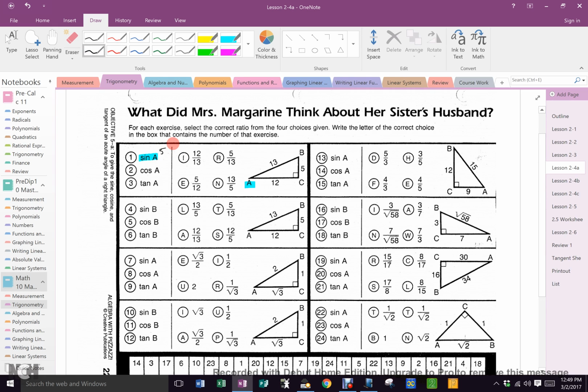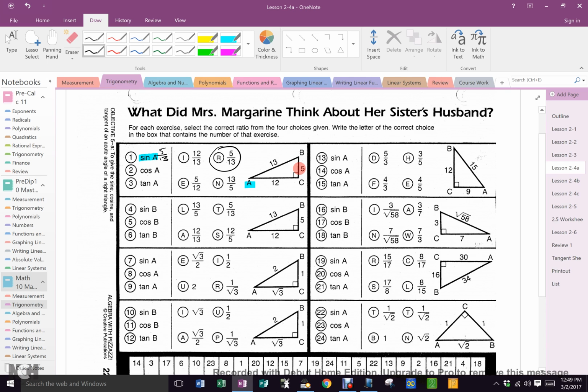What is the hypotenuse? 13. So sine A is 5/13. There it is right there. So the number 1 gets the letter R. That's it. Please notice that I'm asking you specifically for the fraction here, to get you used to taking those numbers off of a triangle.